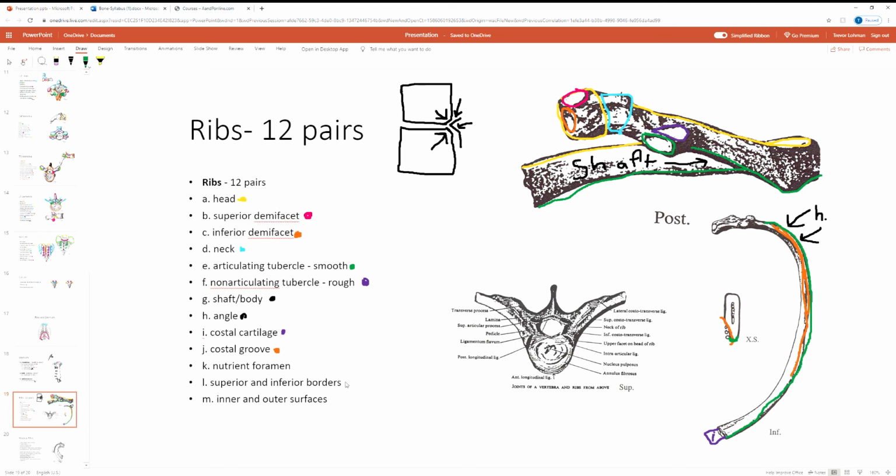Okay, so inferior border green, superior is yellow. And then we have our inner and outer surfaces. I think that's pretty self-explanatory. We don't need to label it necessarily, but this would be the inner surface and the outer surface. So this would be inner surface, that would be outer. Okay.